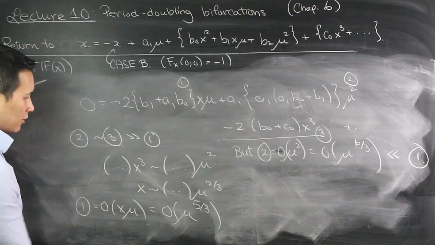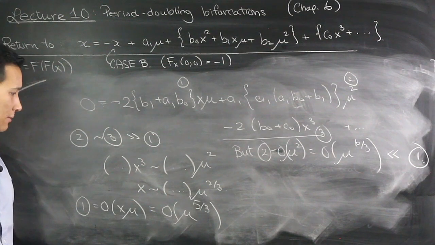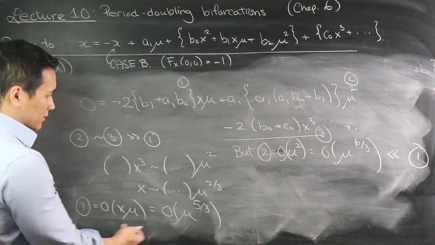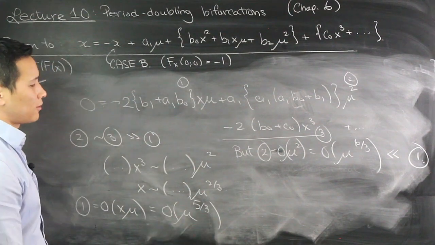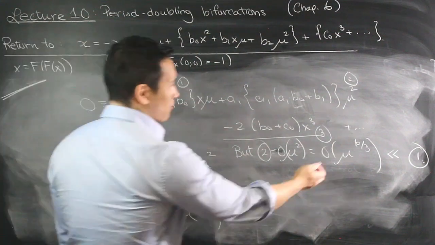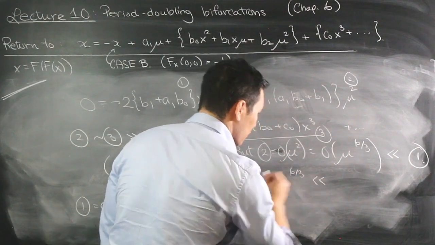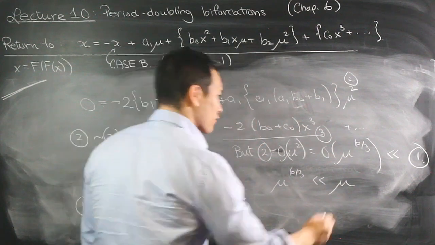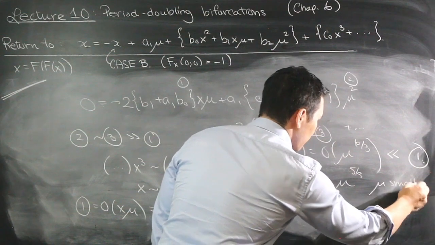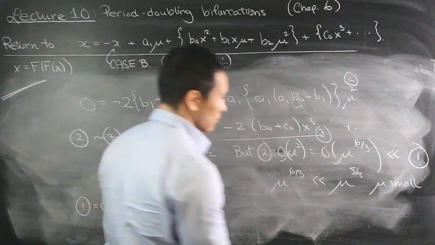Assuming 2 balanced 3, you solved for x and found it was mu to the 2/3. Remember, mu is always small. If x is like mu to the 2/3, then necessarily 1 is mu to the 5/3. But if 1 is mu to the 5/3, you can check that 2 and 3 are mu to the 6/3. And you know that mu to the 6/3 is much smaller than mu to the 5/3, when mu is small. Bigger powers are always smaller. So this is an inconsistency.